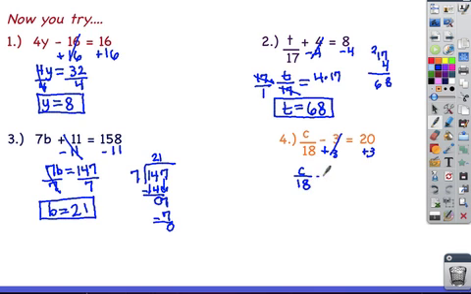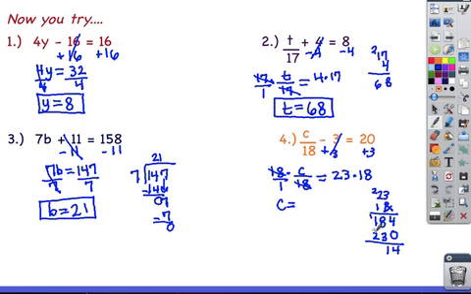So c divided by 18 equals 23. And then we multiply both sides by 18. And we get that c equals 414.